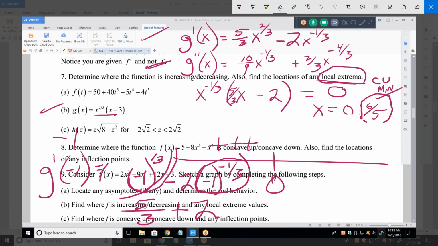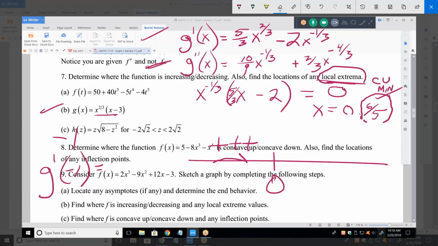Now we've got to check what it is to the right of 0. So let's check g prime of 1 instead of g prime of negative 1. You with me? And if I lose you at any place, please stop me, Mitch. Yeah, I understand everything at this point. I get lost when I'm doing the work and going maybe too fast. Okay, so we want to check g prime of 1 now. That's pretty easy.